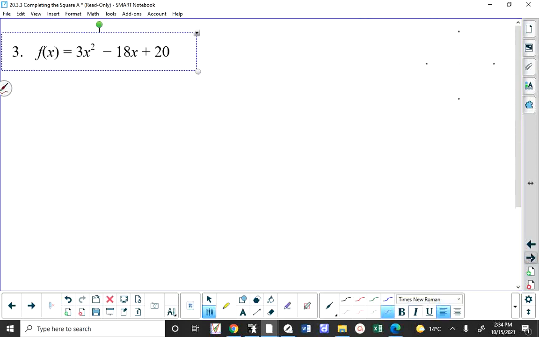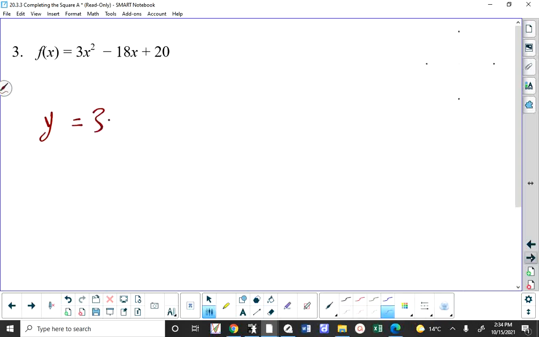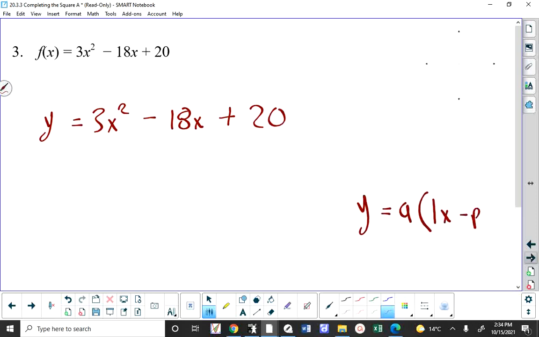Try one more: 3x squared minus 18x plus 20. Now we have an added problem. In any completed square form, it's (x - p).